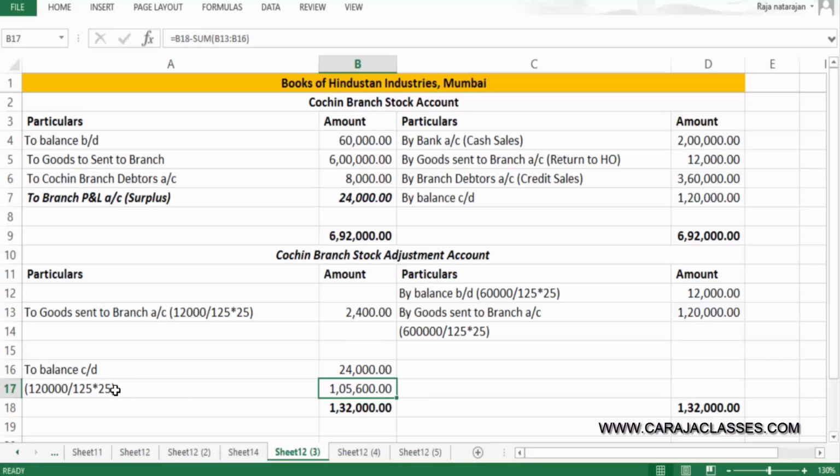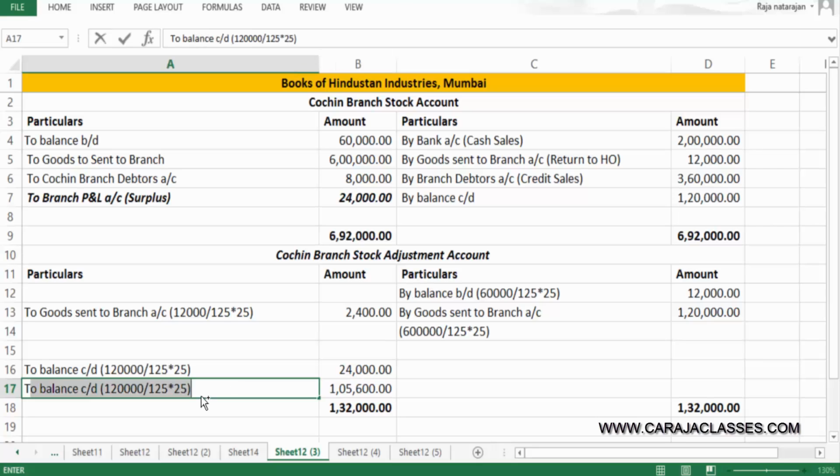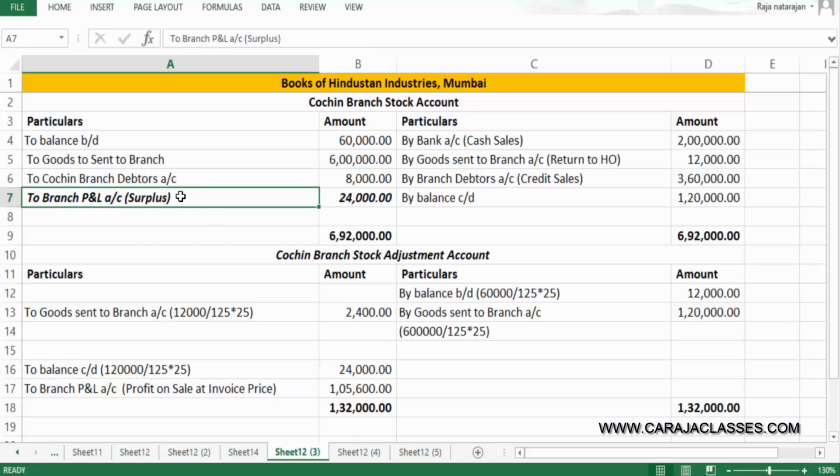Okay, so what I'll do here, I'll write to branch profit and loss account. And this is nothing but profit on sale at invoice price. Let's try to understand. This is the profit which is made by selling at invoice price, whereas this is the profit which is made by selling at a rate over invoice price.